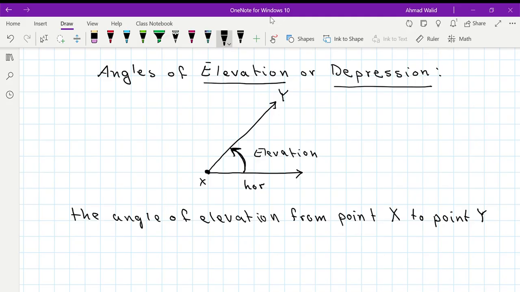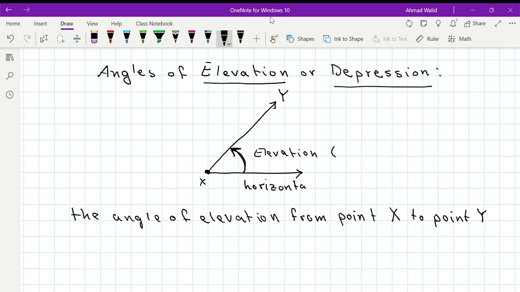This is your horizontal side. It's above the X, right?